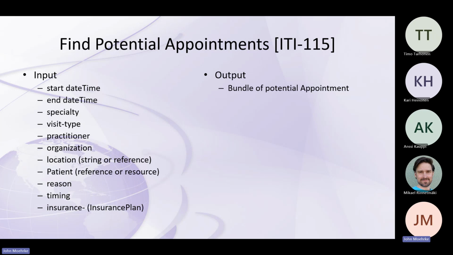So it's a new patient. In the case of a new patient, there isn't going to be a reference. So you would do a PDQM and you would not find a patient resource there, but you still want to get an appointment. So since you can't send in a reference, this operation allows you to send in a resource.